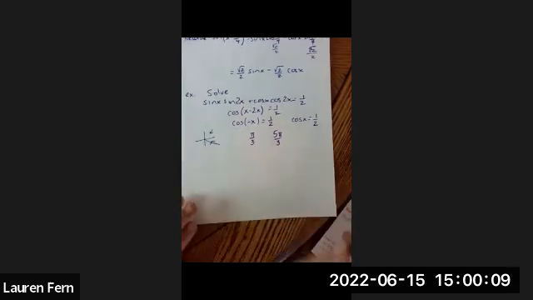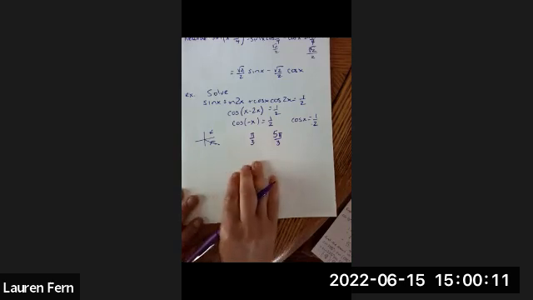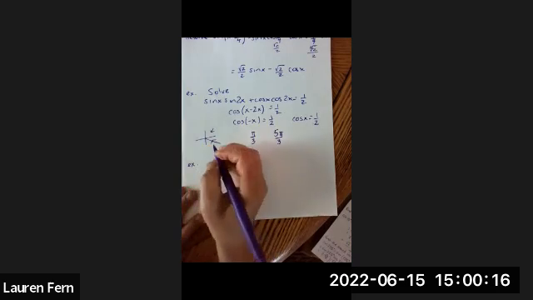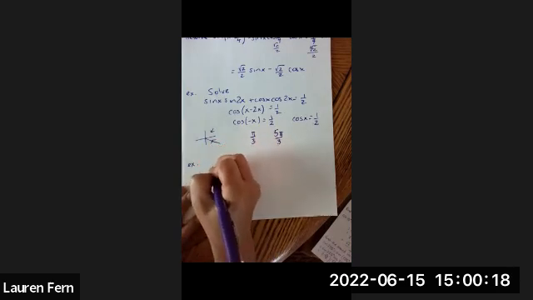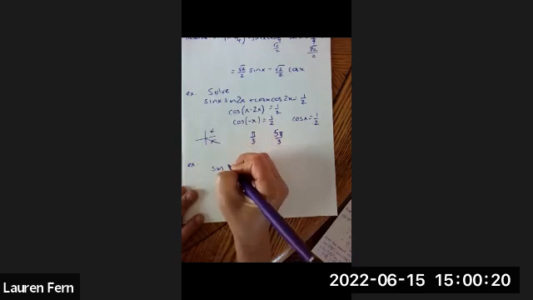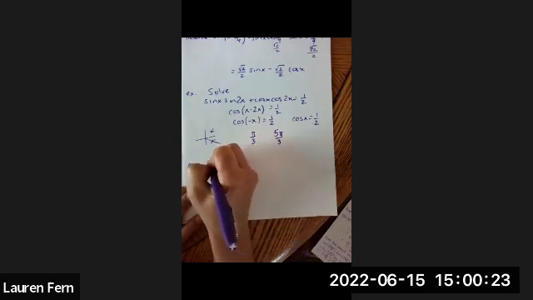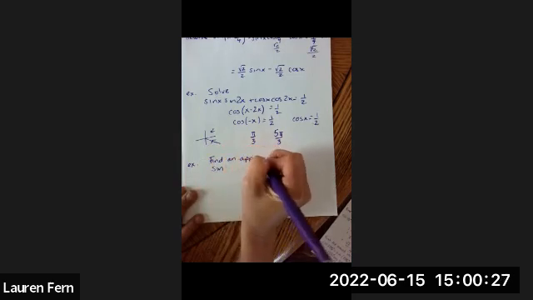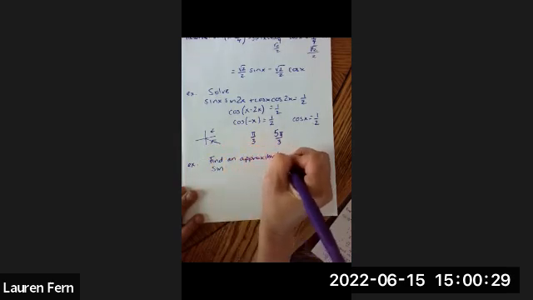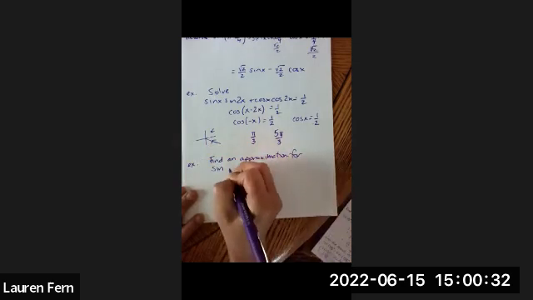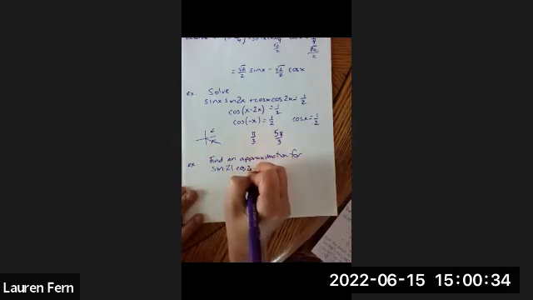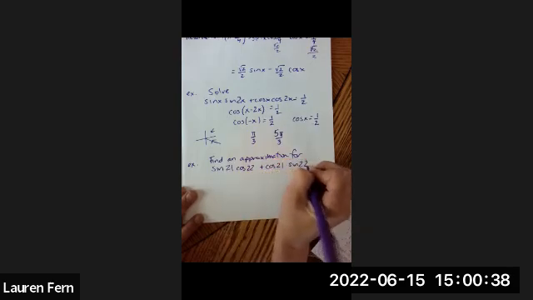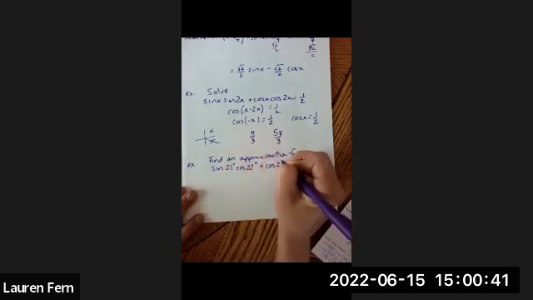All right, let's just go through one more. Find an approximation for sine 21 cosine 22 plus cosine 21 sine of 22, and these are in degrees.